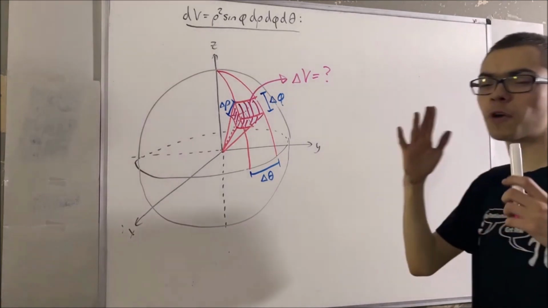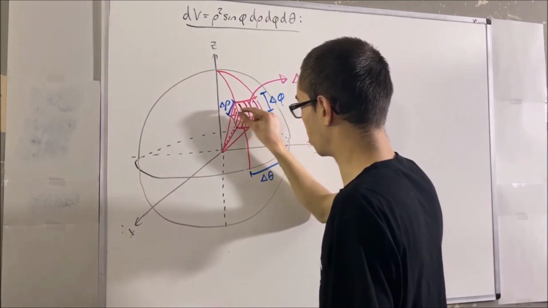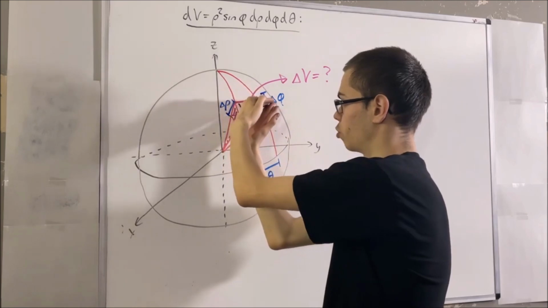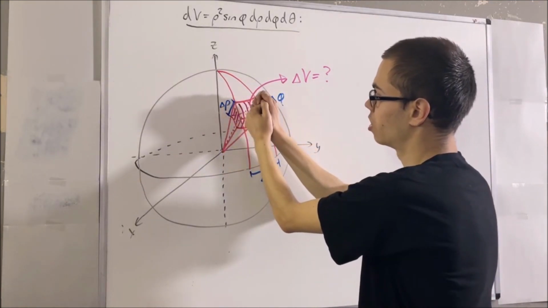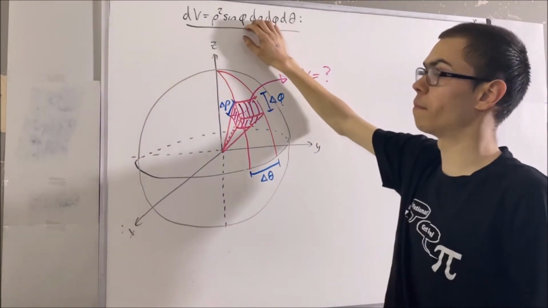And to take this a step further, imagine we were to shrink delta rho so it's really small. If we shrink delta theta so it's really small, and we shrink delta phi so it's really small, that's going to cause this volume to become really small. Well then, what will this volume become?